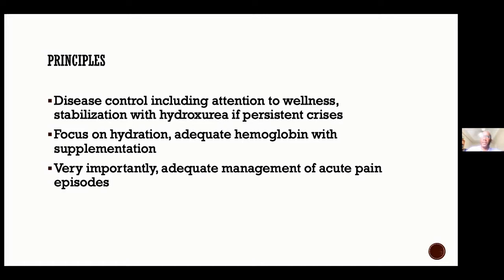So as part of the initial treatment, high up on the management plan is adequate pain control, while you optimize everything else, as I outlined before: adequate hydration, optimize the hemoglobin, treat any infections, all the precipitants that could trigger the sickling crisis.